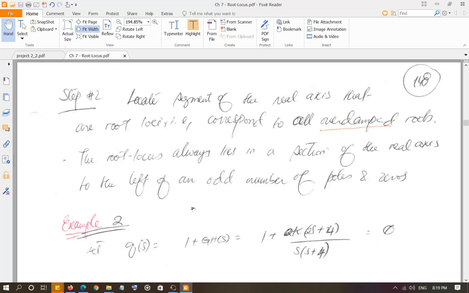So look at the zeros and poles, and if you have an odd number of zeros plus poles, so add both of them together, towards your right, then that section of real axis is part of the root locus. And if you have an even number of zeros plus poles towards your right, then that section is not part of the root locus.